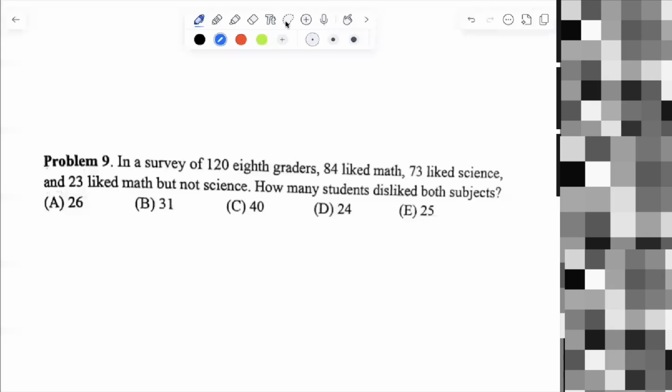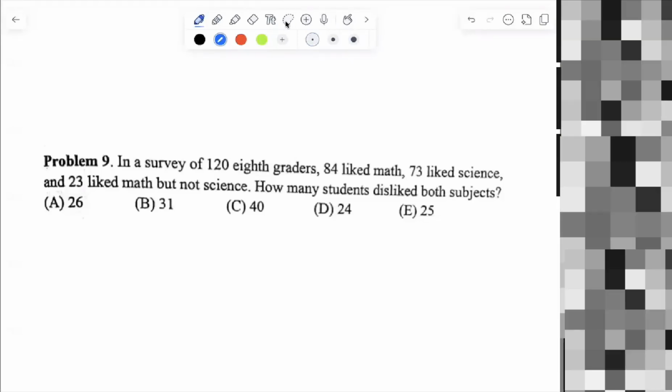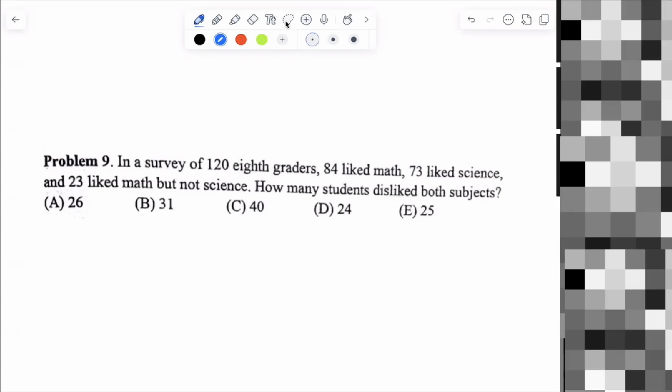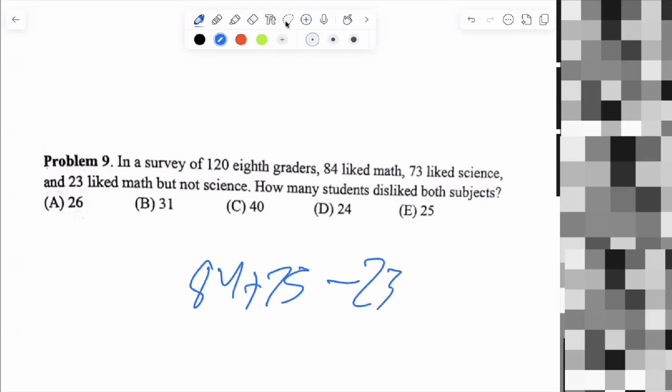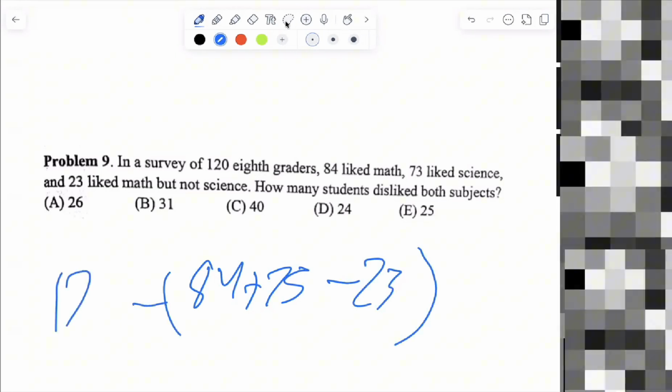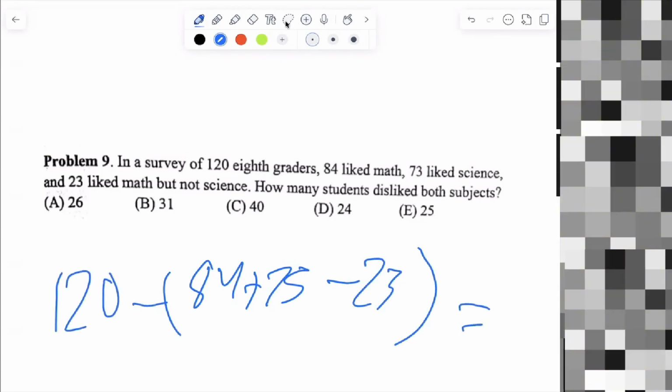All right, let's get started with this question. So basically, the answer is basically 84 plus 73 minus 23, and then all of that subtracted from 120.